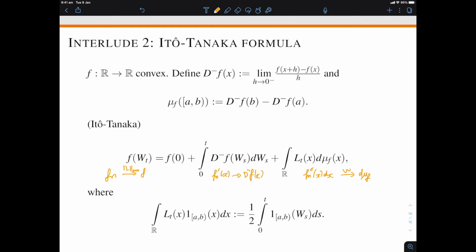And then if you look at the formula defining the local time, you can extend it such that tested on fn second, what you get is 1/2 of the integral from 0 to t of fn second of ws ds. And this is the term that appears as the second order correction term in the standard Ito formula.